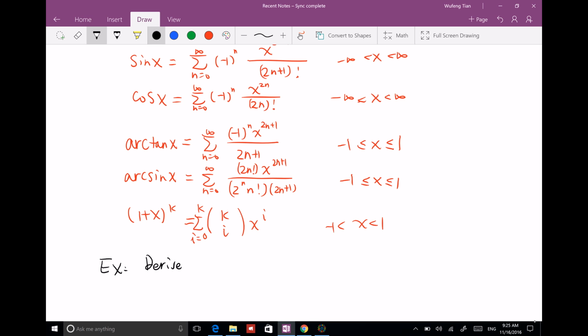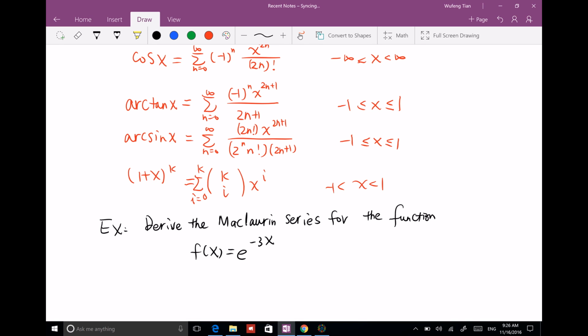Derive the Maclaurin series for the function f of x equals e to the negative 3x. Okay, I'll give you about 3 minutes to try it by yourself.